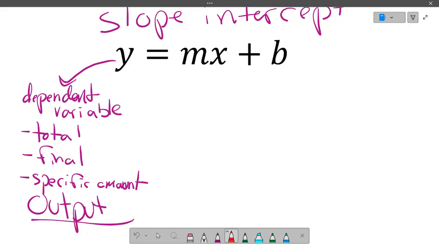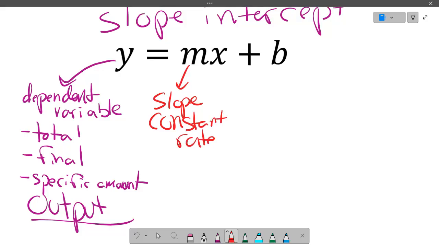M is our slope, also known as our constant rate of change, okay? And that is very important because another thing we're going to cover in a future unit is the difference between a constant rate of change and a non-constant rate of change, comparing different types of equations with constant versus non-constant rate of change.